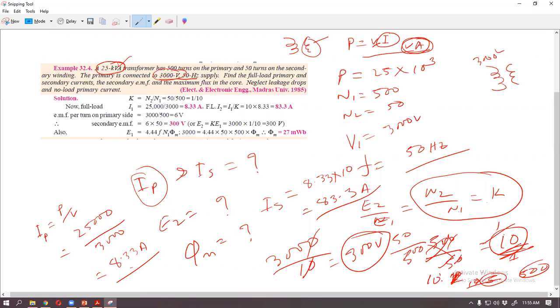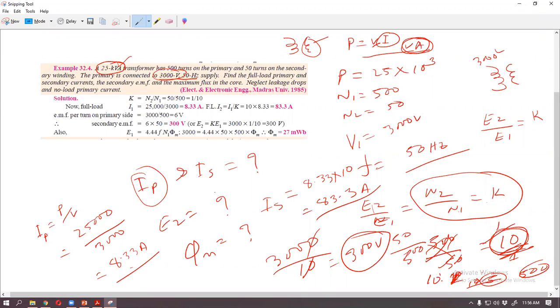Yes, because your turn ratio is 10. If primary is 3,000, the secondary must be decreased by 10, so divided by 10. This applies E2 by E1 is equal to K. Okay, all that clear?